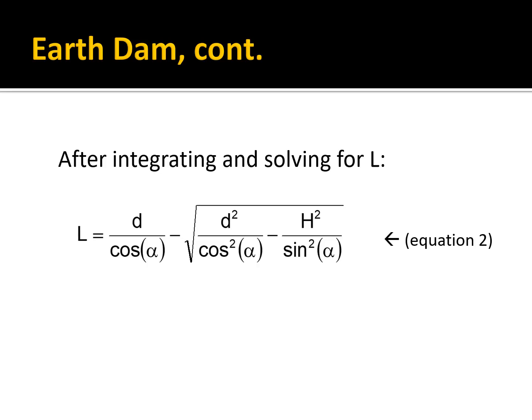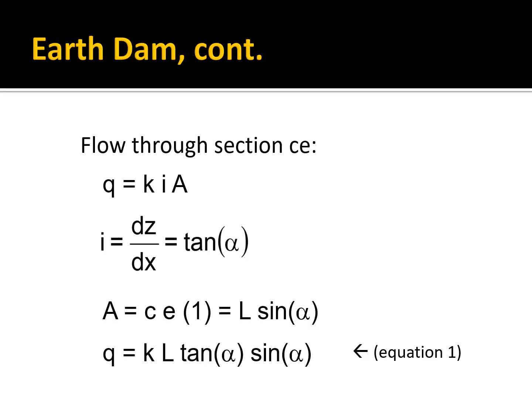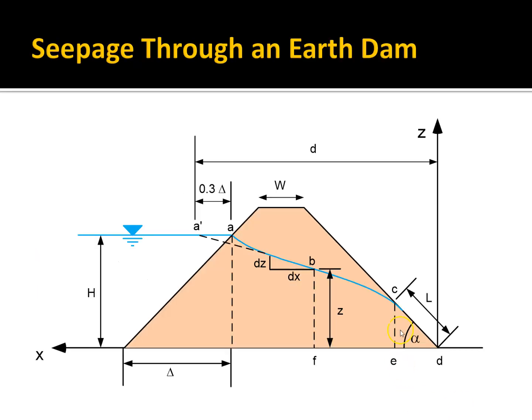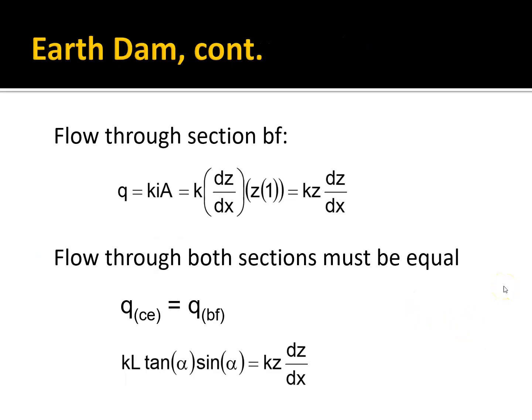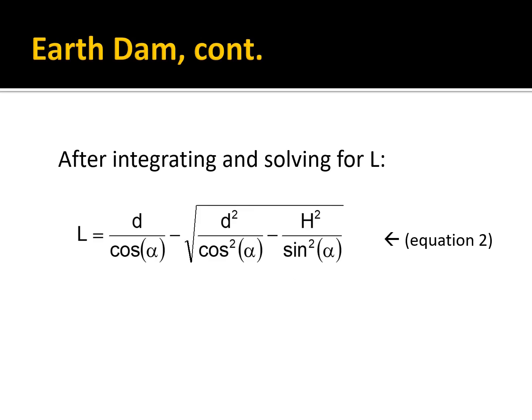We've got D, we've got H squared. We've skipped a ton of steps here in the derivation, but basically we've solved for this distance L. So that's equation 2. Well, this gives us everything we need.